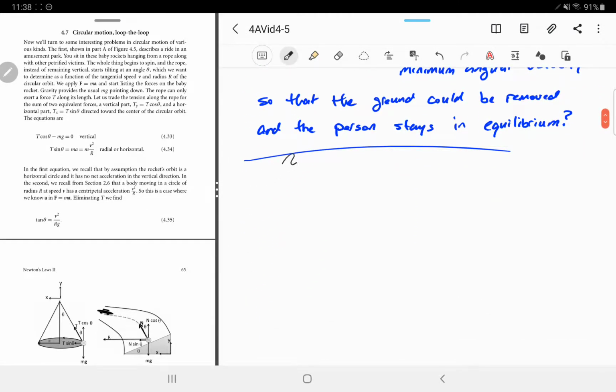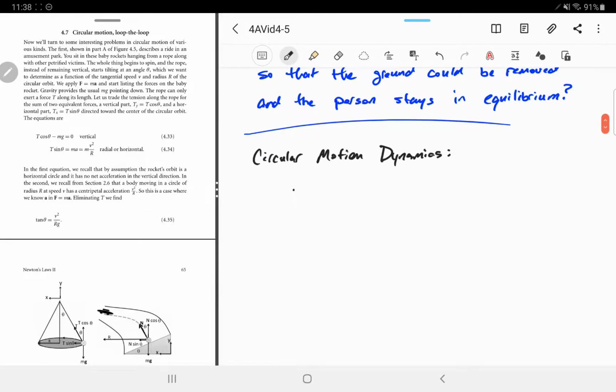Okay, so in general, circular motion dynamics. The steps that you want to follow here: first of all, draw a free body diagram. This always helps.